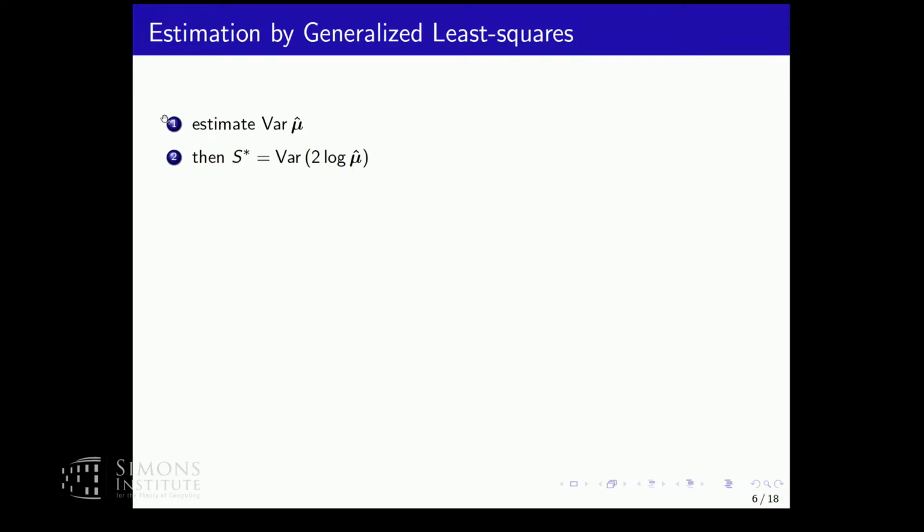So here, this is how we are going to do it. So the first thing is that you have those mu hat. They come from a sample from the population, so they have a sampling variance. It's easy to compute, you know, things like mu hat multiplied by 1 minus mu hat, a bit more complicated. Then you use the delta method to compute the variance of twice the logarithm, and that's it.